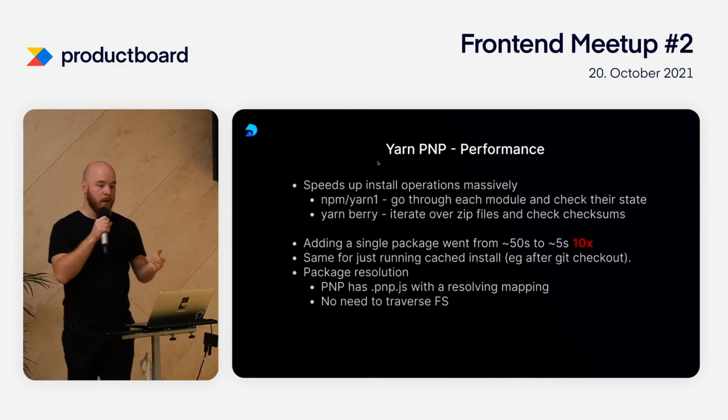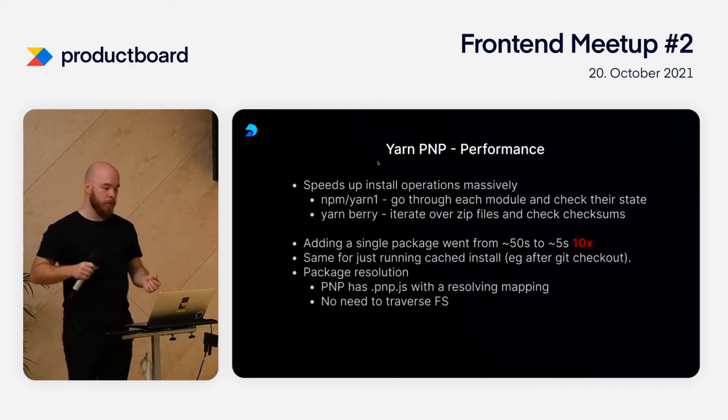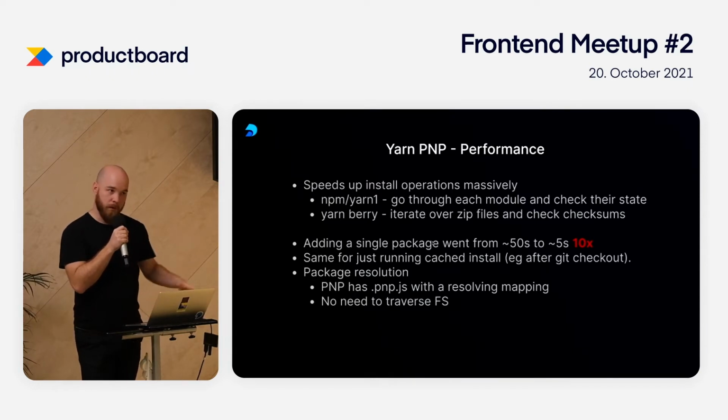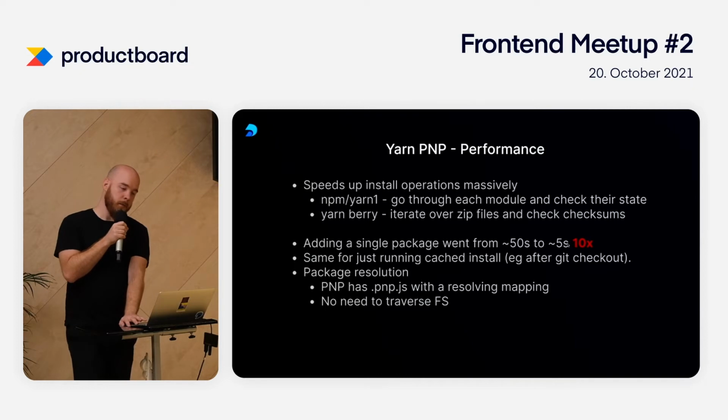So this is performant not only when loading stuff, but also when installing. In our case, we were doing some tests, and adding a simple package in an existing repository with thousands of other modules went from 50 seconds to 5 seconds, which is a 10 times improvement. So that's the performance part of the PNP.